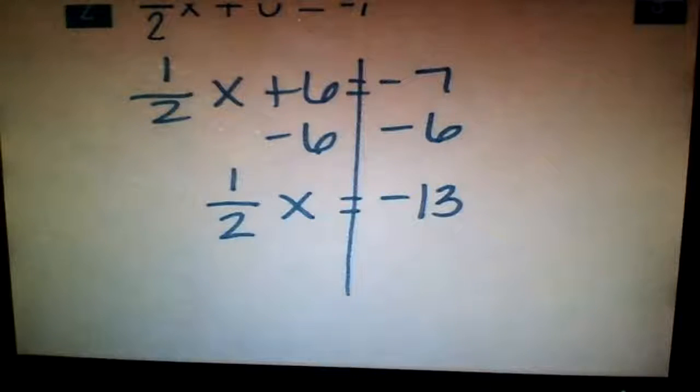So you can think about this in 2 different ways. You can think about this as -7 minus 6, or -7 plus -6. Both of those do the same thing.